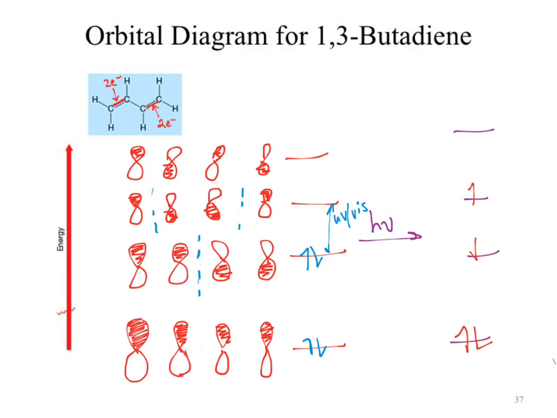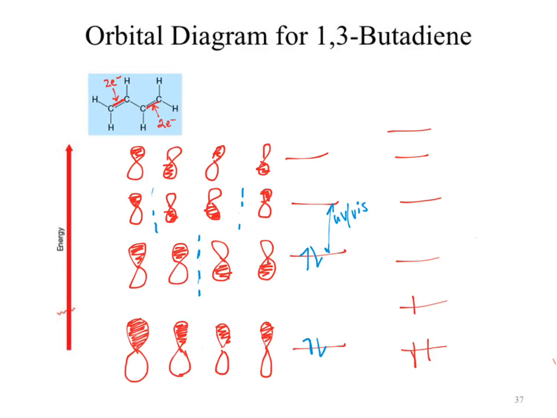What happens if we had more pi orbitals? Right, let's say we move to a system with 6 pi orbitals. What are we going to get? We'll get 6. 1, 2, 3, 4, 5, 6. What's special about this new system?